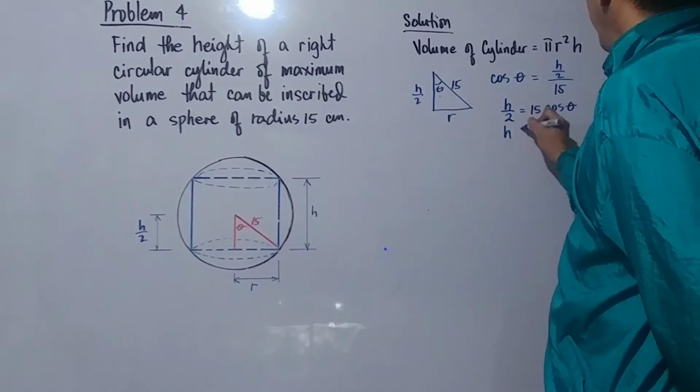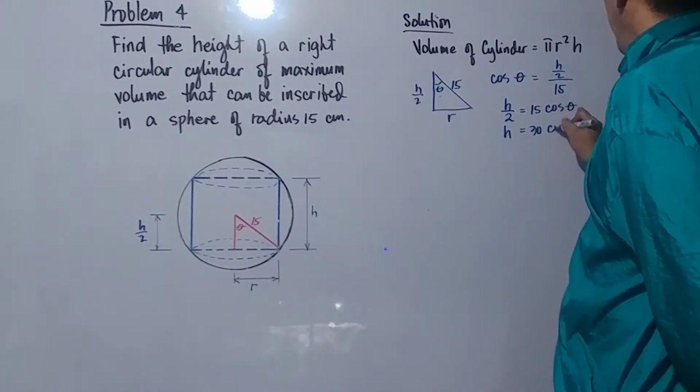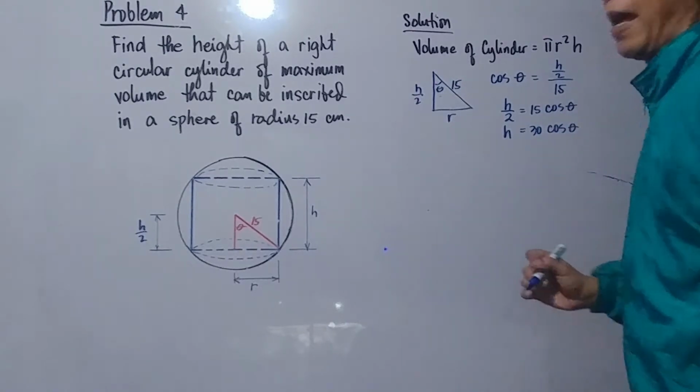Or our h now is equal to 30 cosine theta.